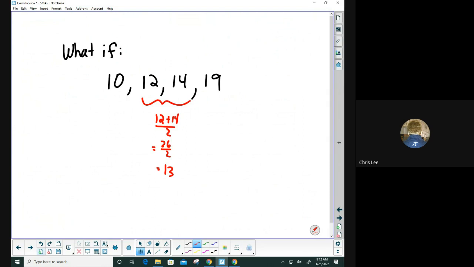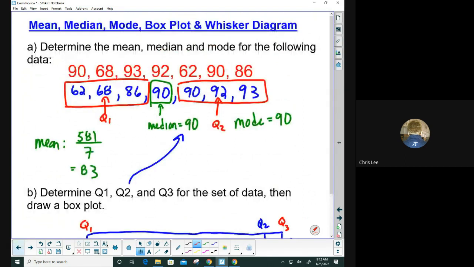Can you also kind of see it's the number exactly halfway between these? Right? So your median is 13. Okay? So let's not forget about that because that could happen. That could also happen when you're calculating your Q1.